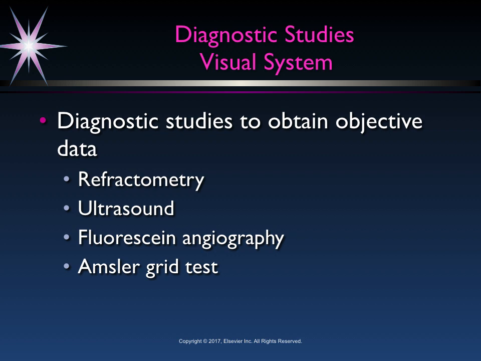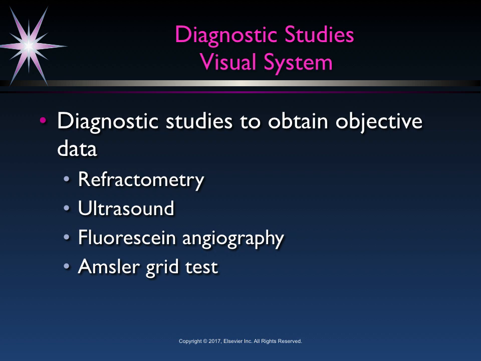Some of the diagnostic studies may be a refractometry. They may do ultrasound of the eye. They may do a fluorescein angiography. So just like an angiography of the heart, they put in dye, and then the dye goes up into the eye, and they can see the blood vessels better with those.